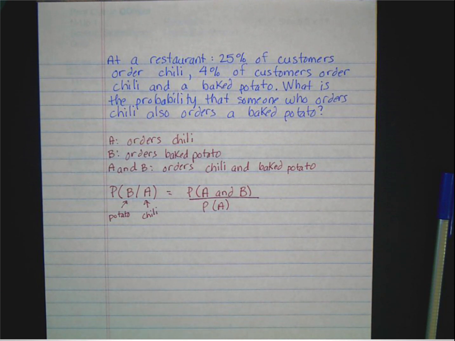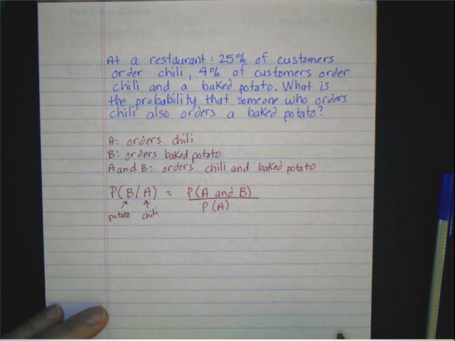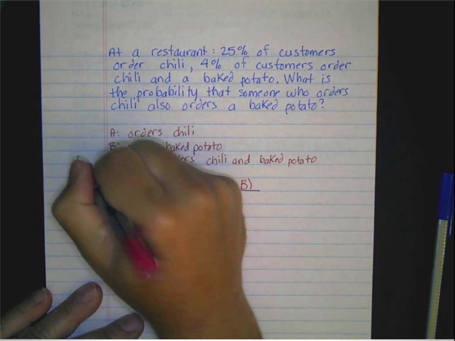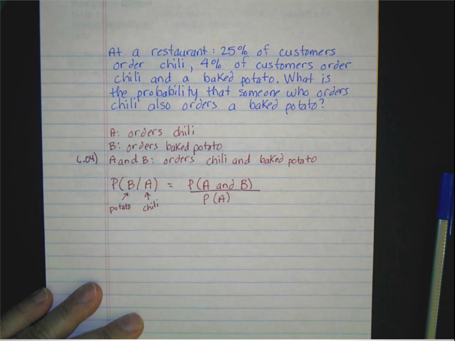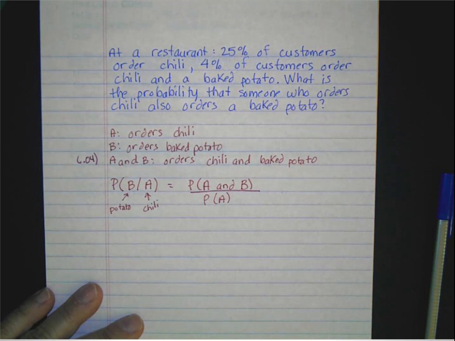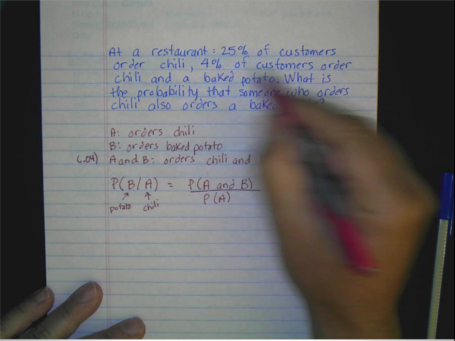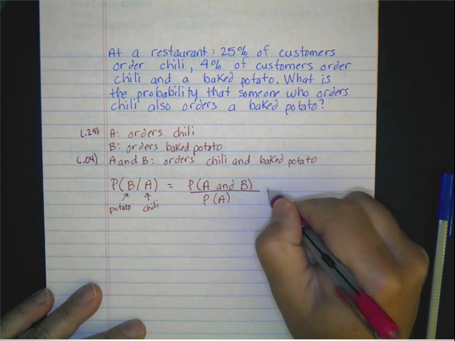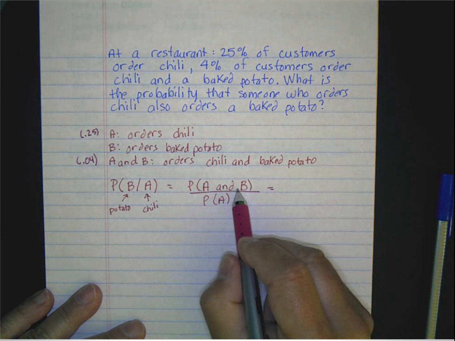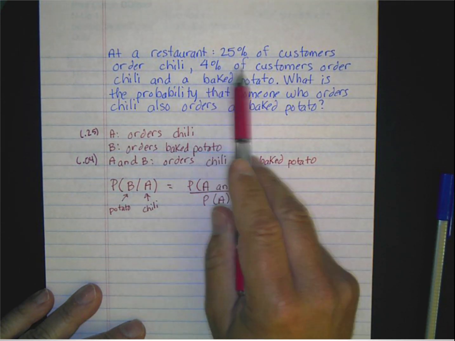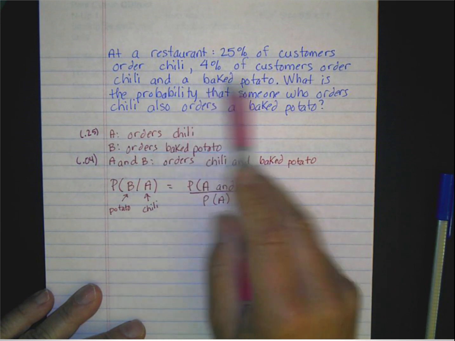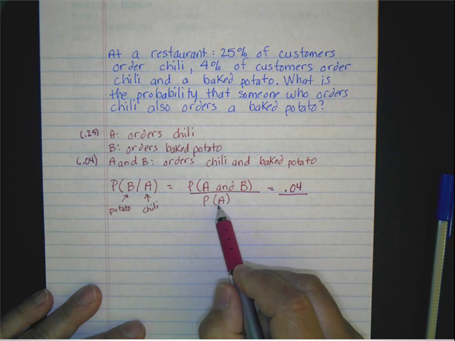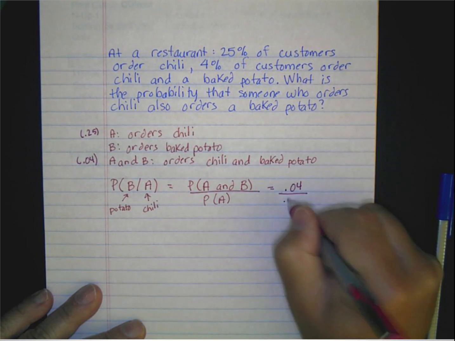We're also given the probability of someone ordering chili, which is 25%, or 0.25.